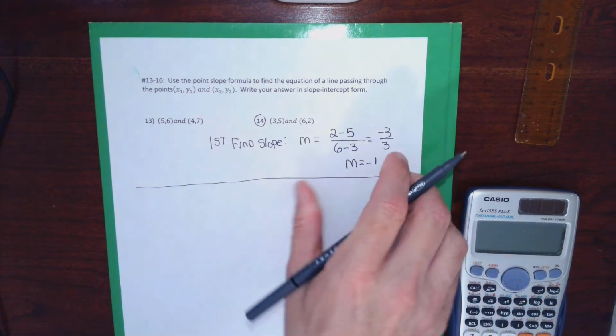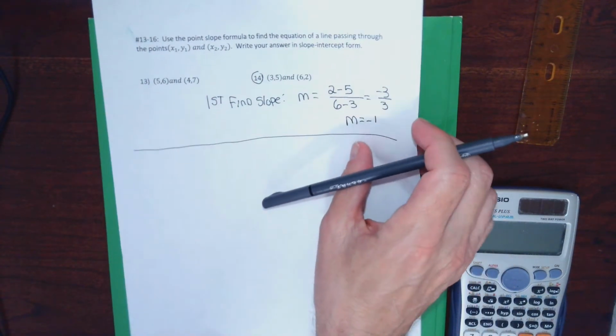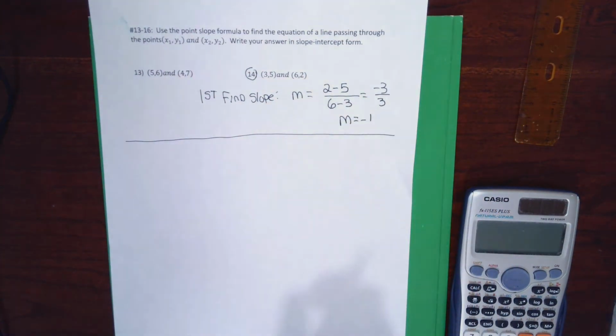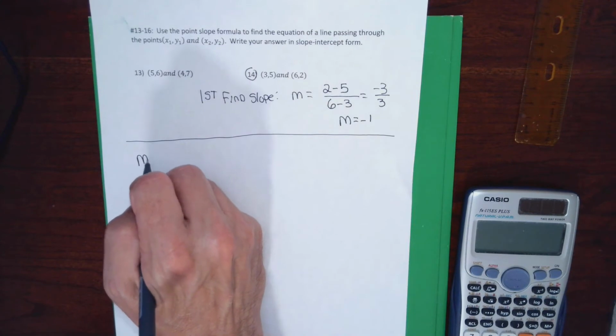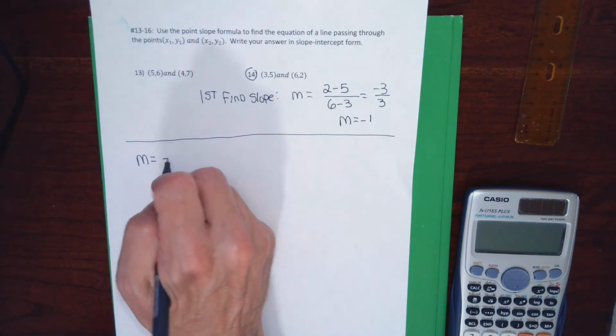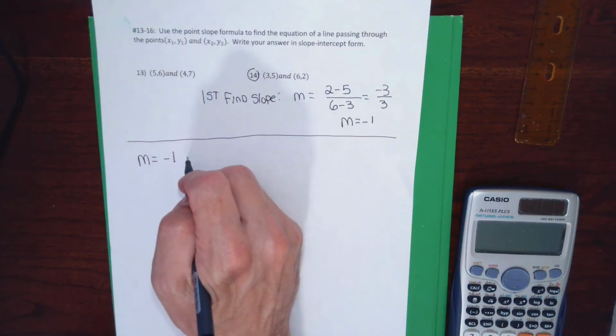Students think they like having choice, but trust me, students generally having choice is a bad thing because they start to make bad choices. So I'm going to show you two different ways to get the answer. One, I can use the point slope formula with either of the points.